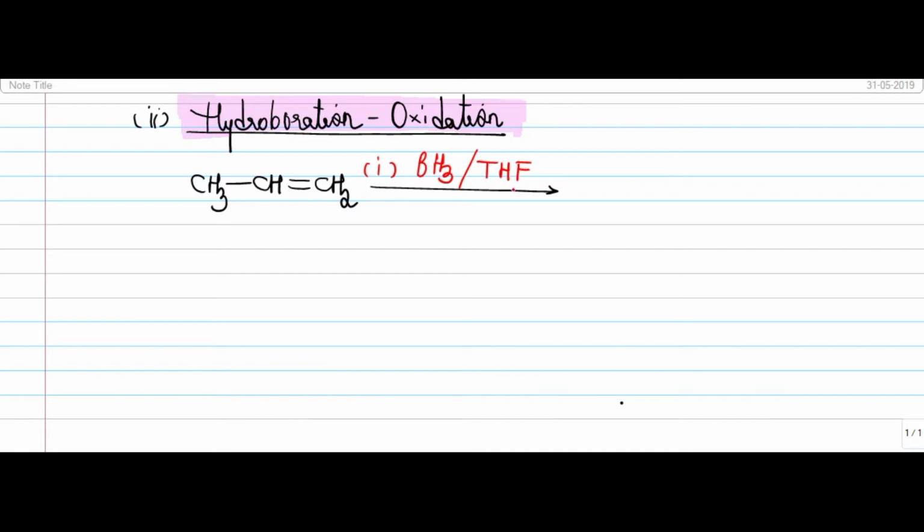This is the solvent, and in the second step you perform its oxidation. Oxidation generally is done with H2O2 in presence of a hydroxide.